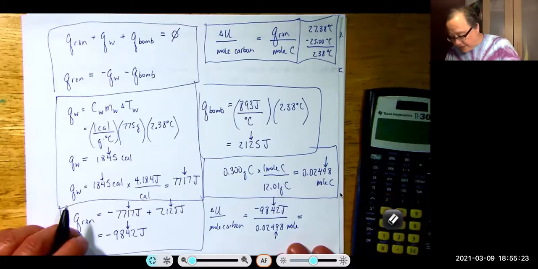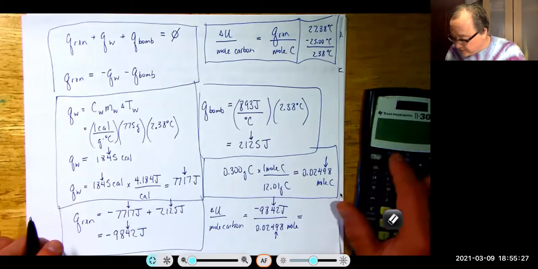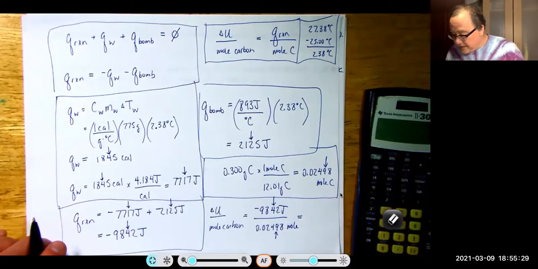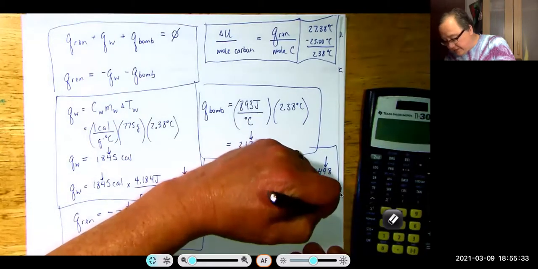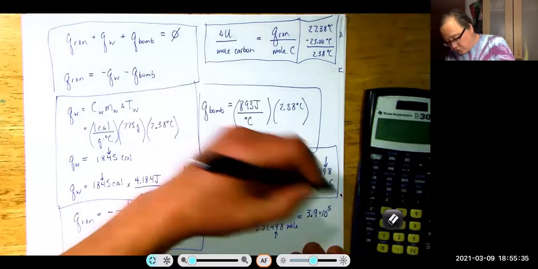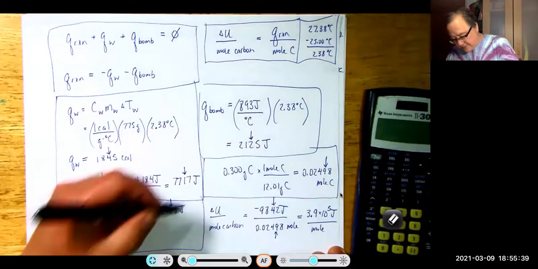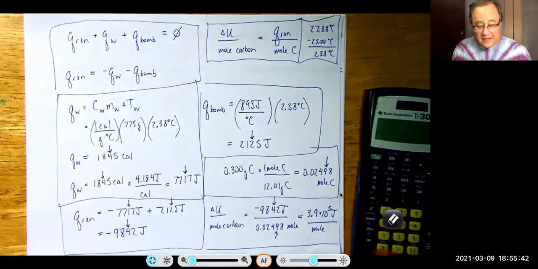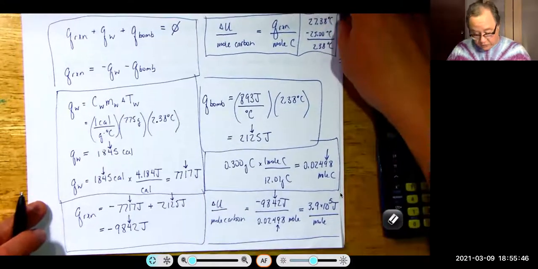So if I did this right, I'm going to put this in scientific notation. I get 3.9 times 10 to the 5 joules per mole. And there's your final answer. And you need to show all of this work so that I know you know what you're doing.